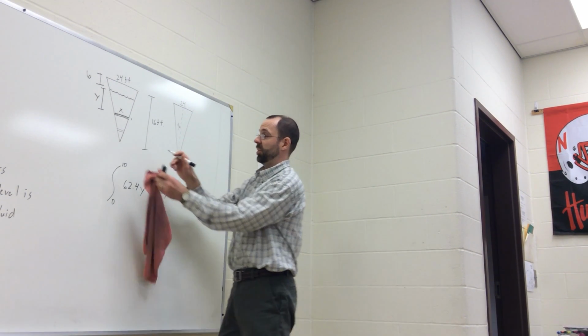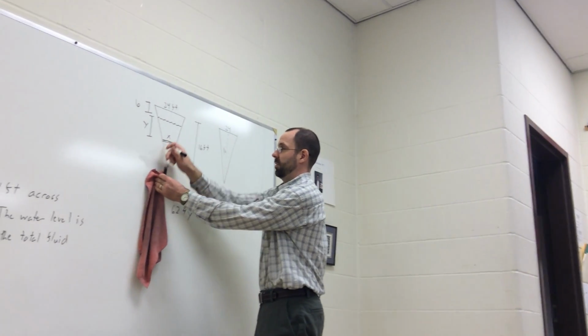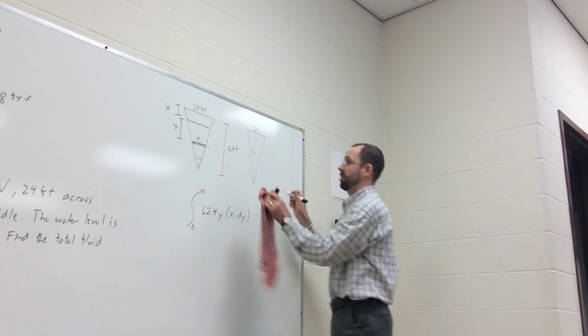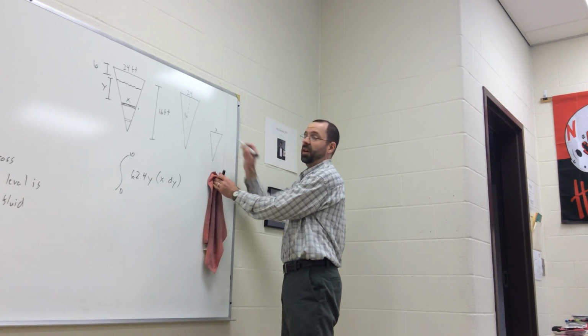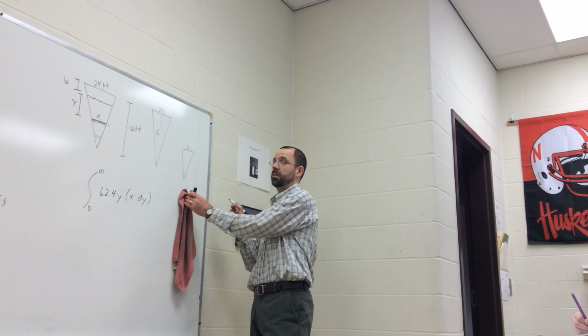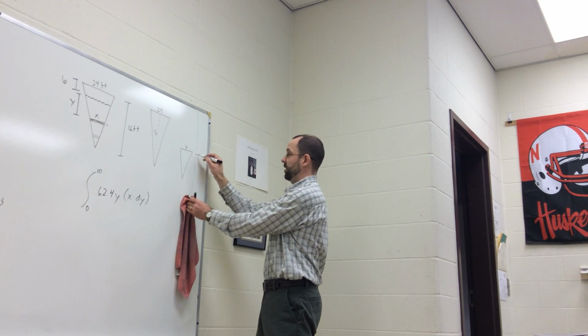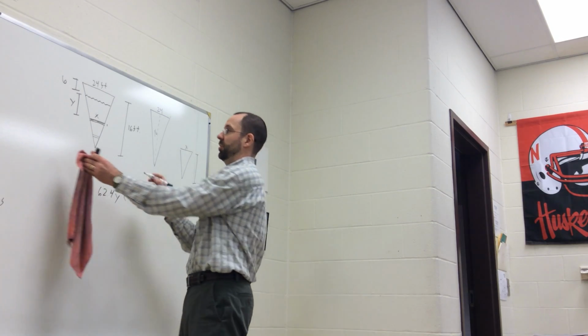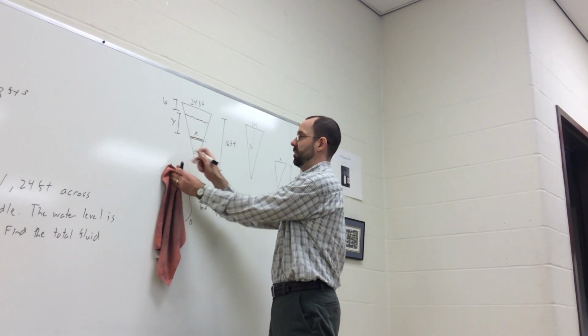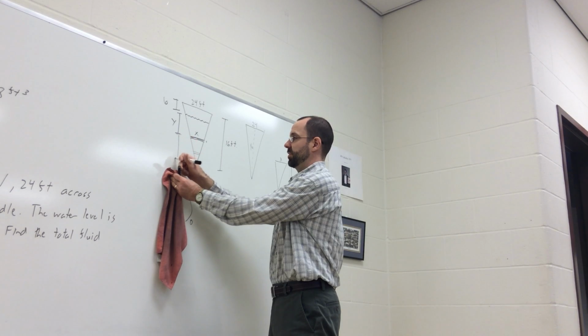And then the other triangle I'm going to draw is this one. So that's x across the top. And then I need to figure out what this is. Okay, so this is y. I'm going for this.